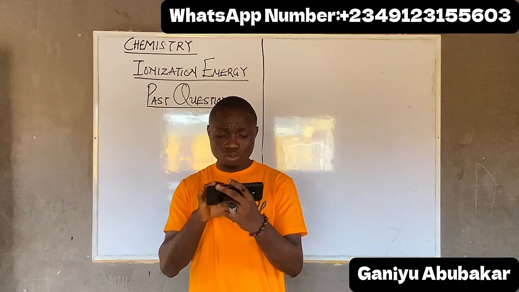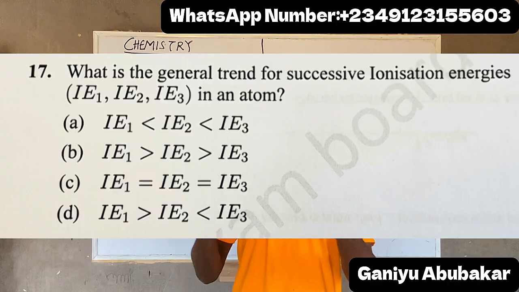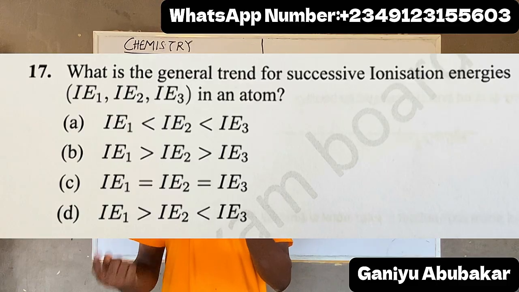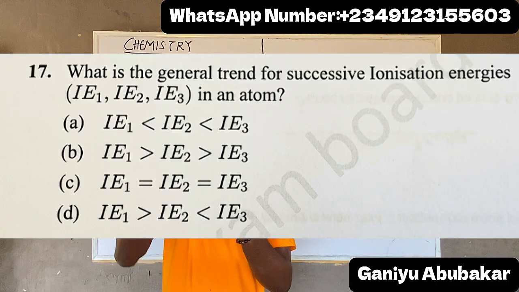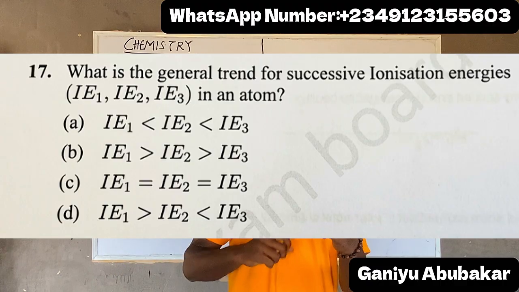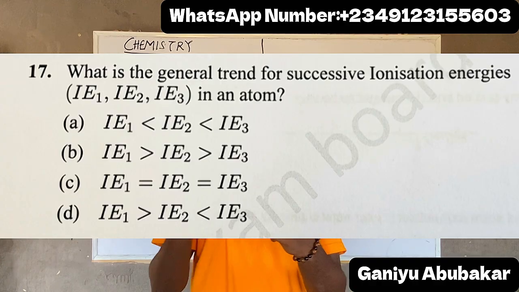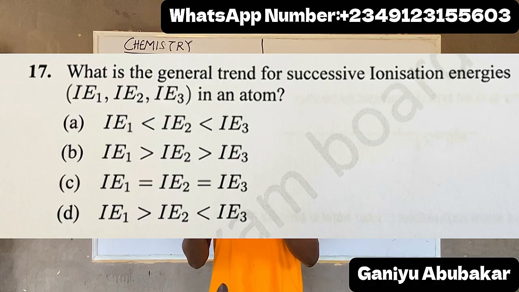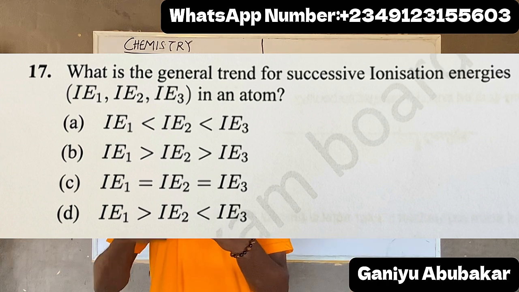Assignment number two says, which is the general trend for successive ionization energy, IE1, IE2, IE3, in an atom?